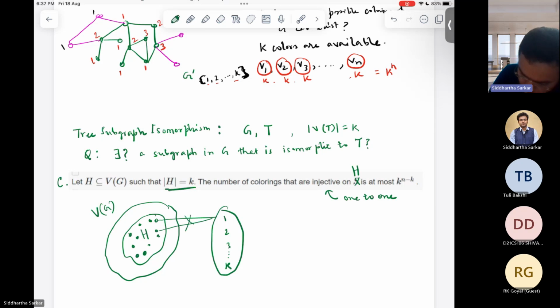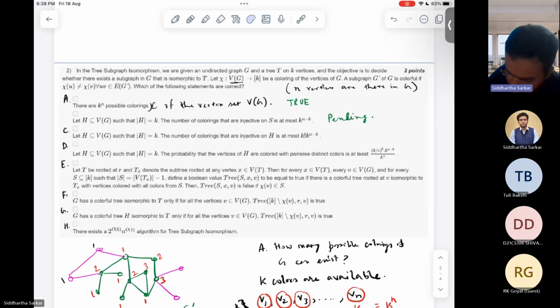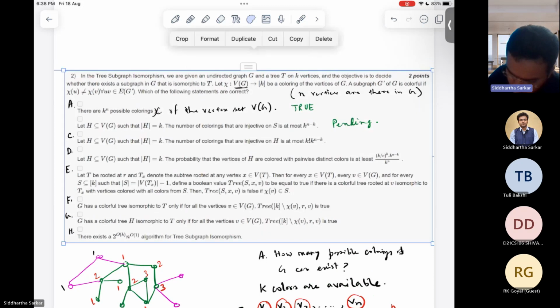Many to one is not allowed. So you want to get a one to one mapping. So every color should have a unique pre-image, right? So how many ways can you do that? That is the question.